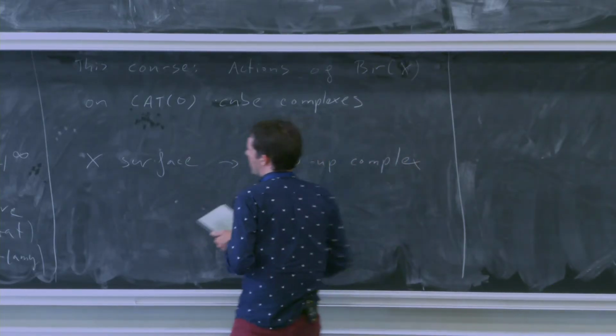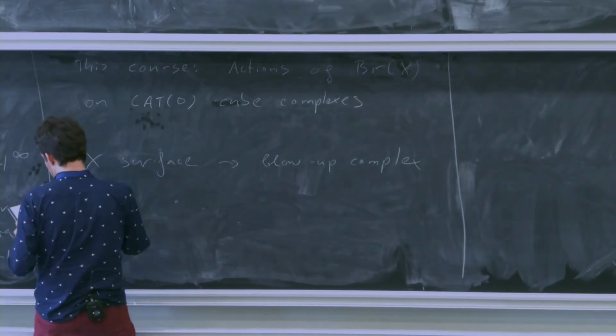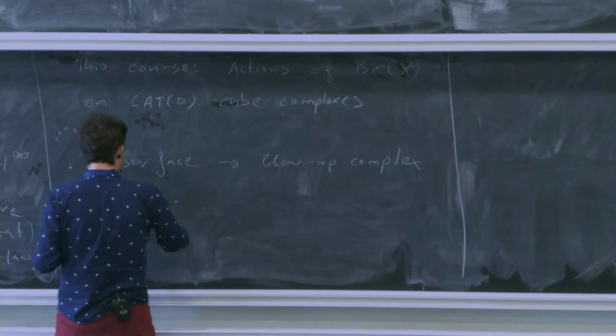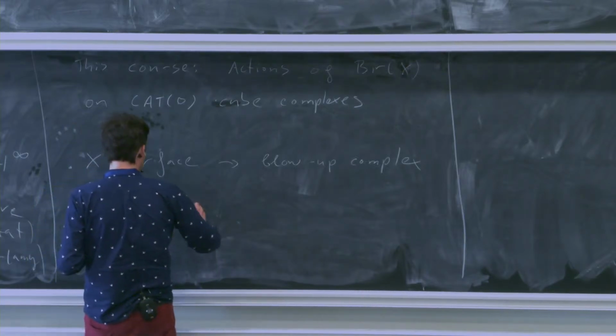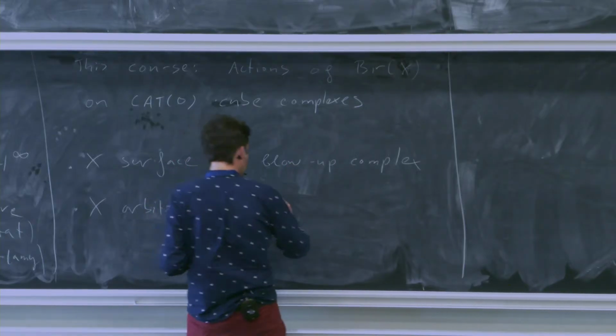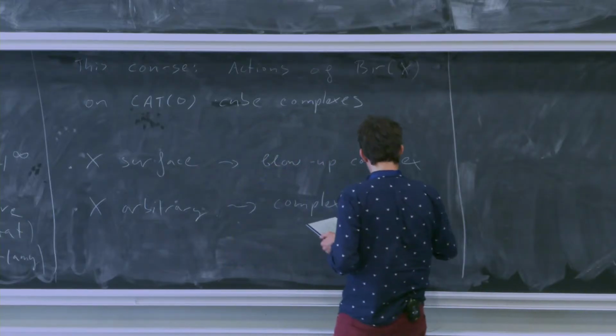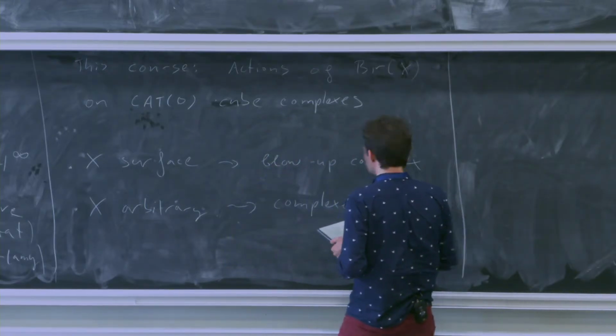That's the one we will construct today, and then on Wednesday we will see that if X is an arbitrary variety, then we get some other complexes, C(X).